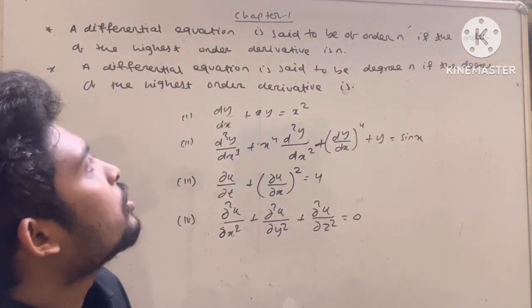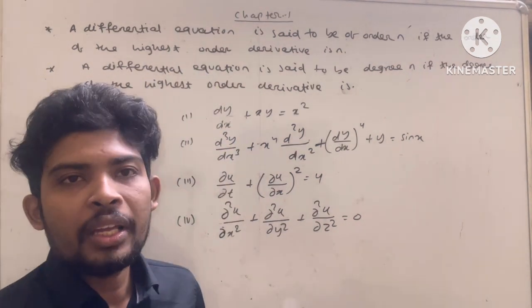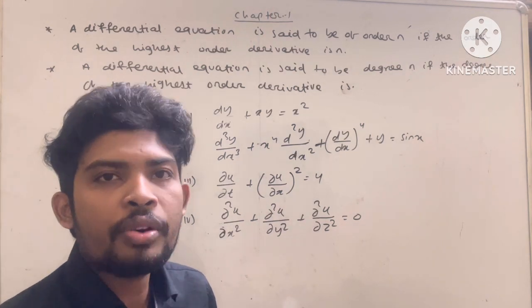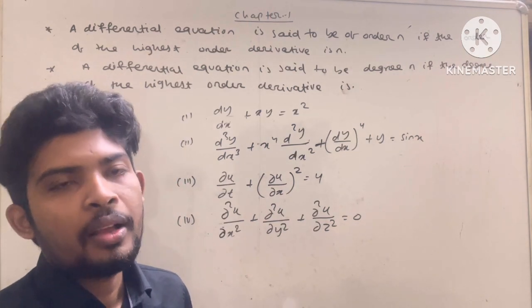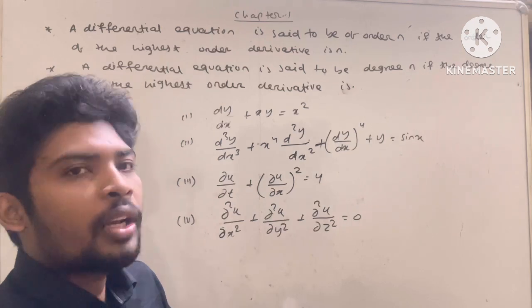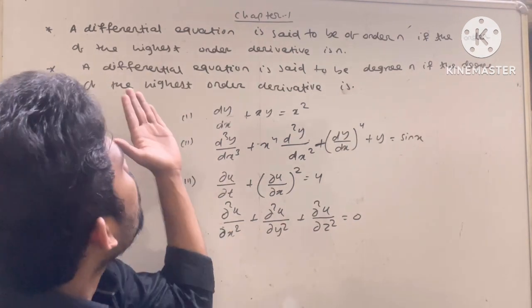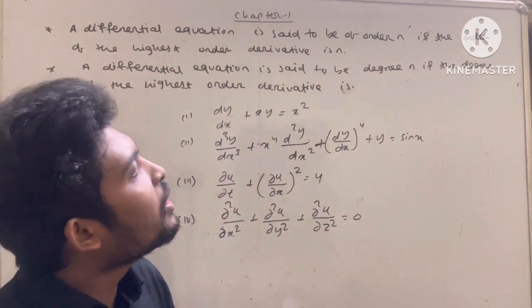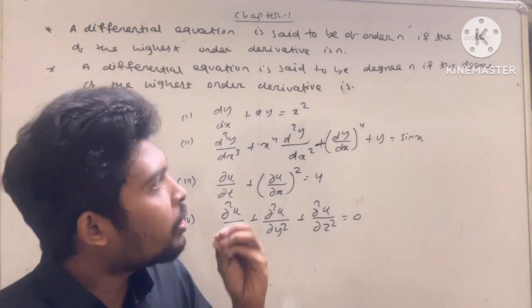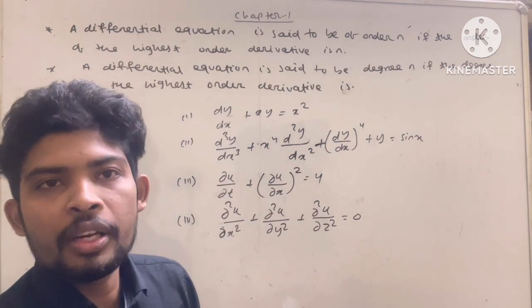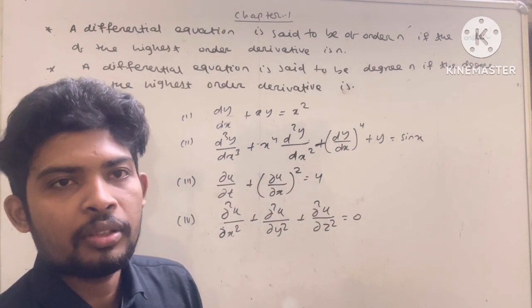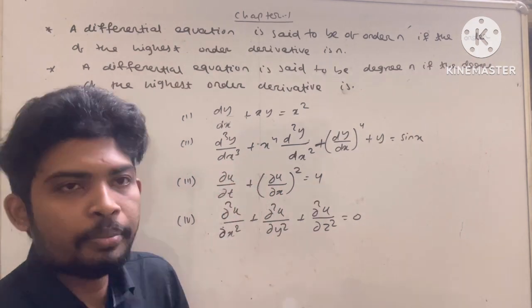A differential equation is said to be of order n if the order of the highest order derivative is n. And what is degree? A differential equation is said to be of degree n if the degree of the highest order derivative is n. So let's take some examples.